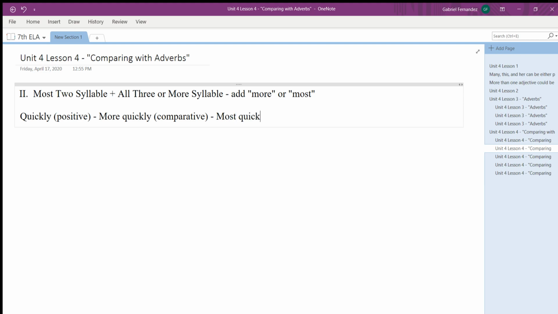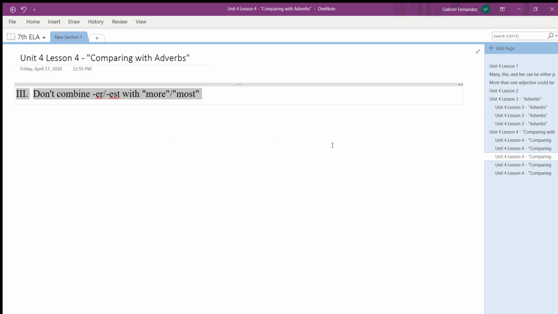And most quickly is superlative. Okay? Or even a word like rapidly. Rapidly, positive. More rapidly, comparative. Most rapidly, superlative. Okay? Moving on.